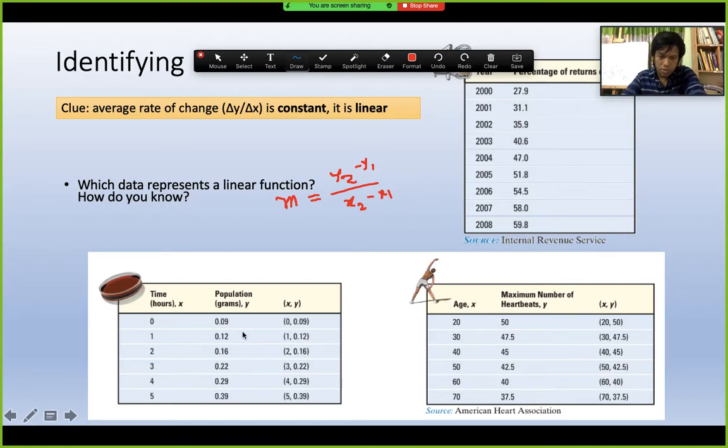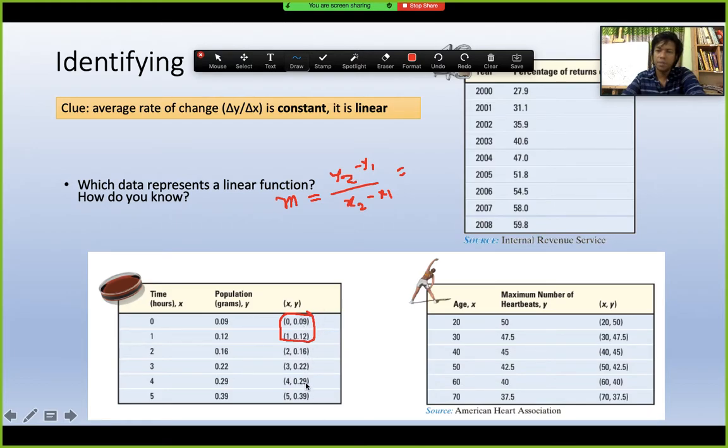Suppose you want to understand from this chart. What you will do is pick any 2 points, put them here, and find the slope. Then you choose the next 2 points, and the next 2 points. This way you find all of them. If it is linear, the answer will be the same number for all of them.